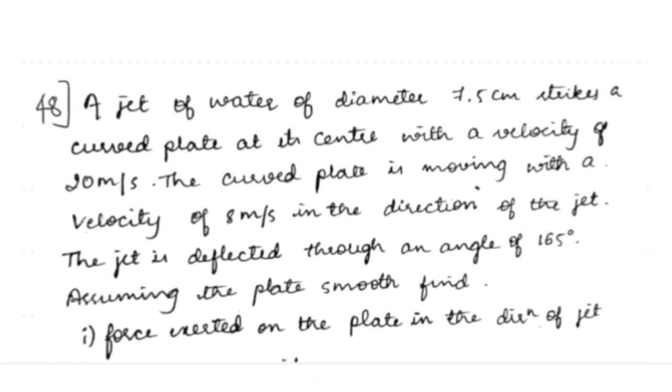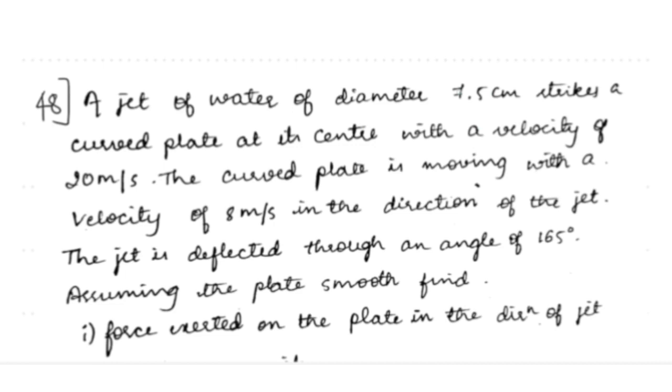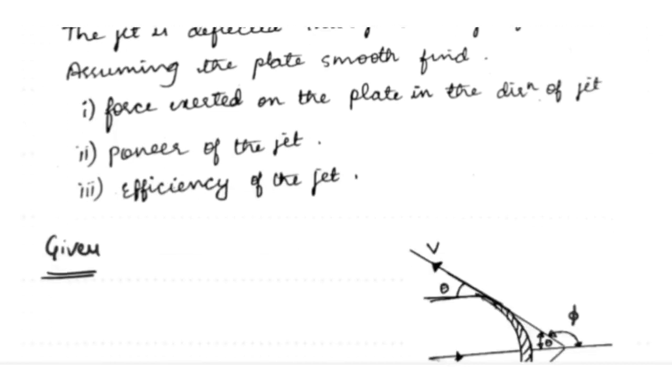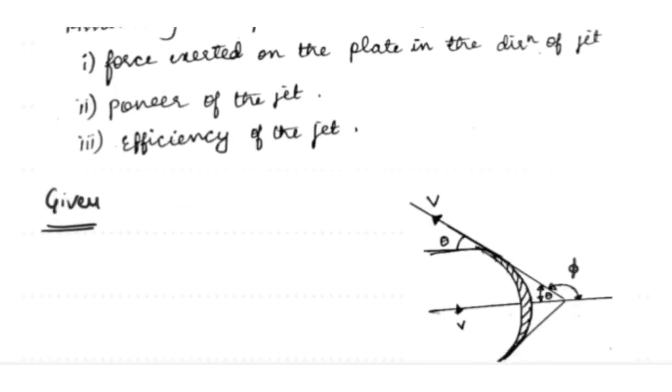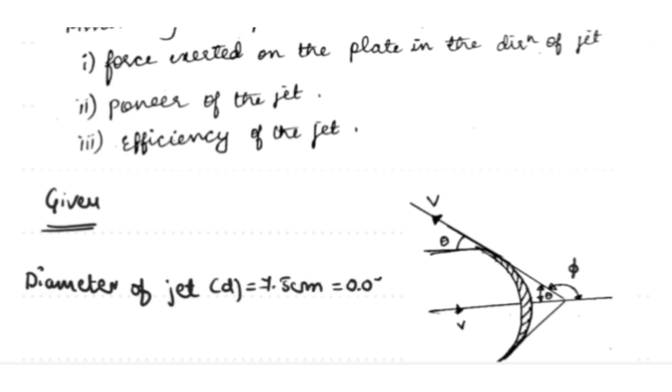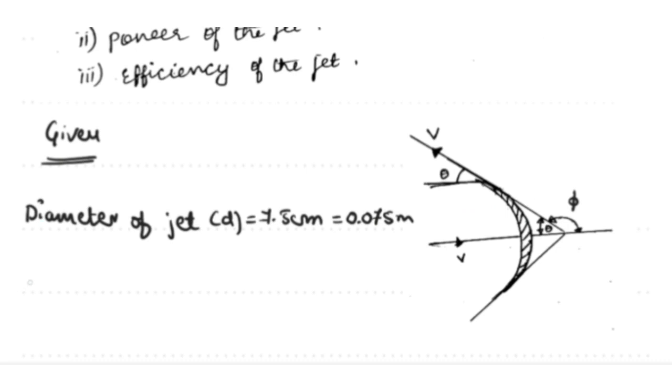Given: the diameter of the jet is d equal to 7.5 centimeter, which is equal to 0.075 meter. By knowing the diameter we can calculate the area of the jet.